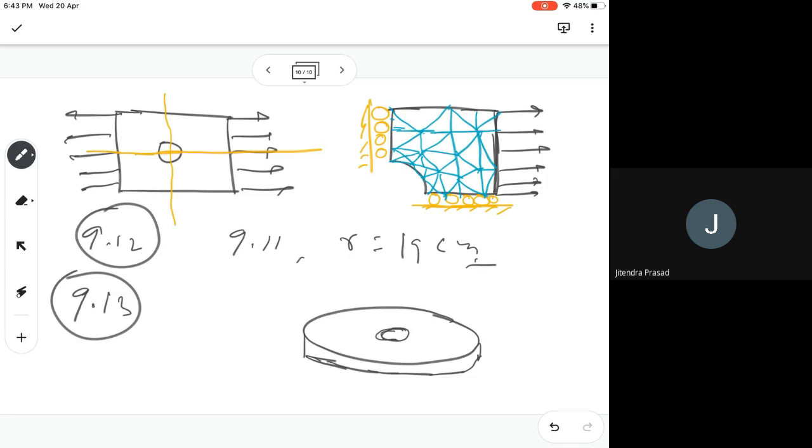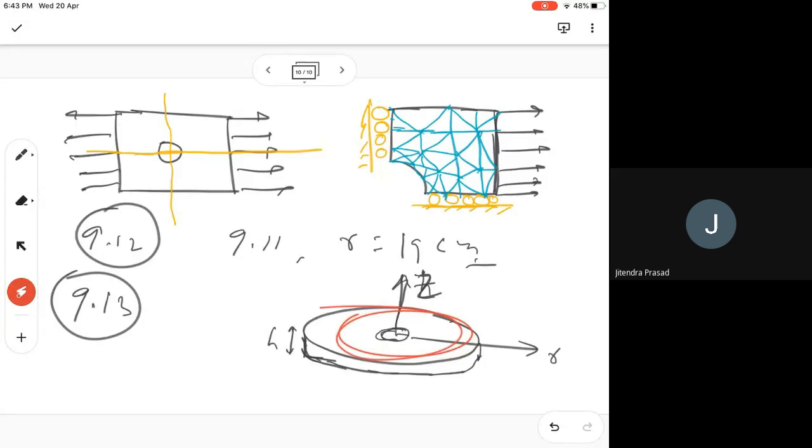Yeah, this is a circular disk. So this is the R axis, and you have the Z axis here, sorry, this is Z. Yeah, and the height is H. So this is a 2D plate.